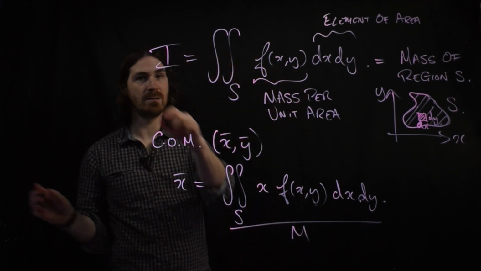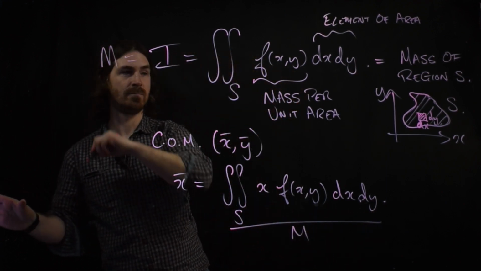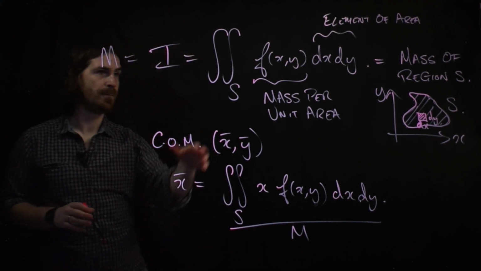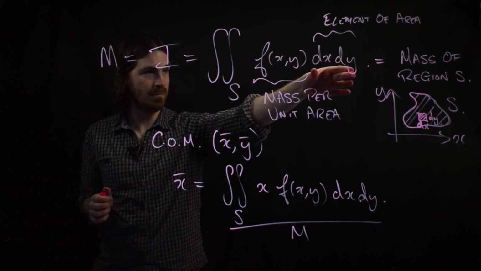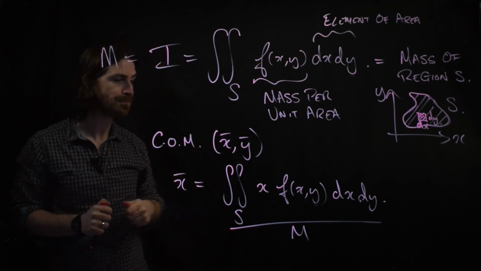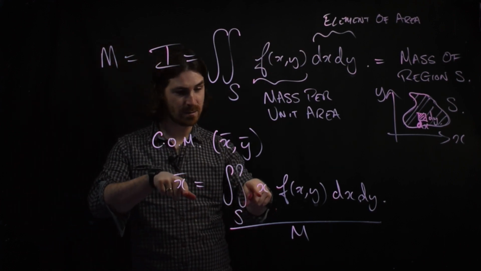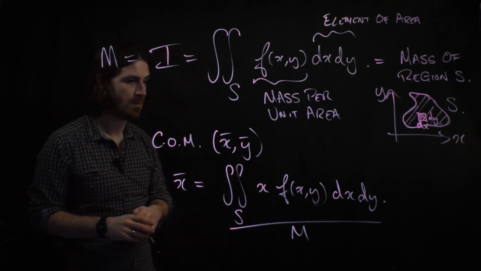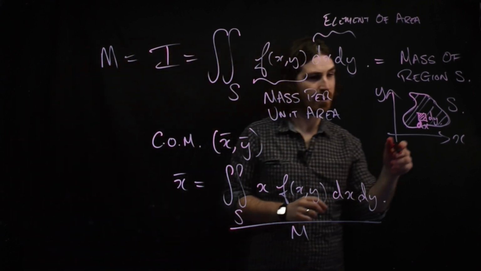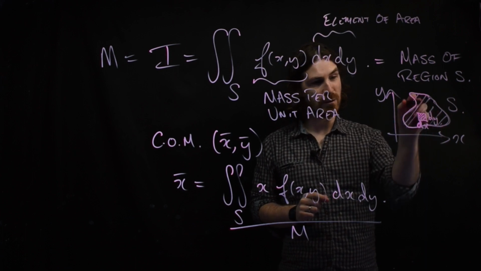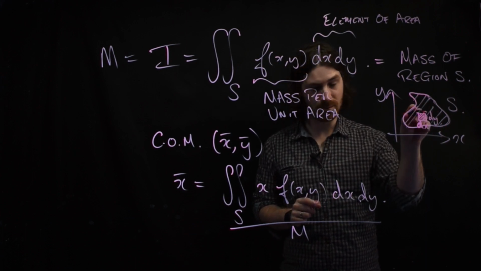The total mass is this integral: the mass per unit area times the area, all summed up. So this is x bar, and y bar is the same except you replace x with y. So if you want to cut up a bit of card and find the center of mass, this is how you do it.